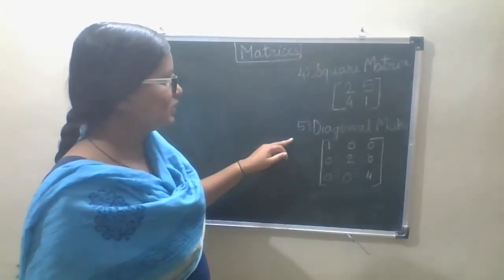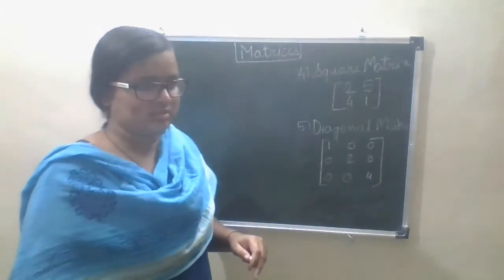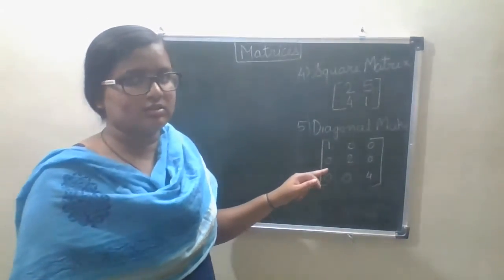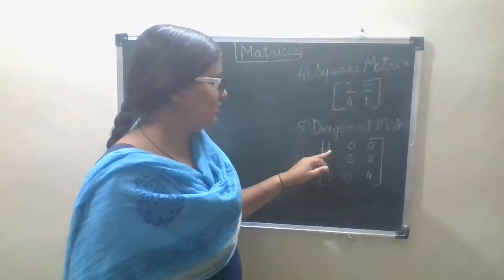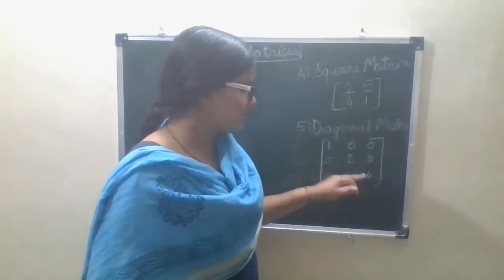Now the fifth one is the diagonal matrix. What is this diagonal matrix? These are the diagonal elements.